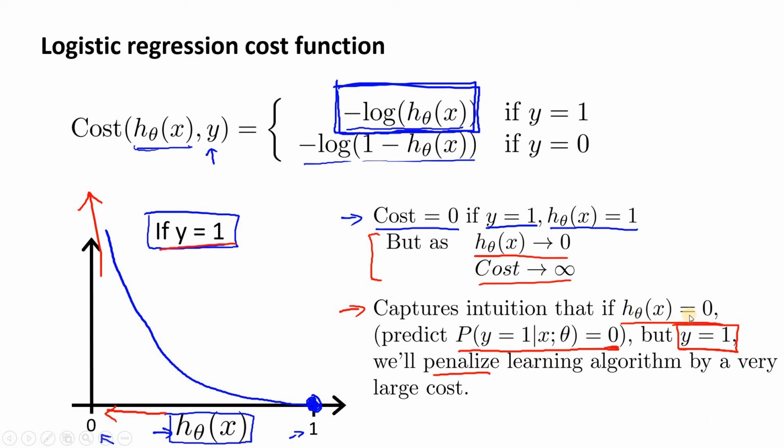Okay, so we capture the intuition that if we predict h as 0, but the output class itself in the past data was 1, we will get the maximum penalty, a very large cost. Okay.